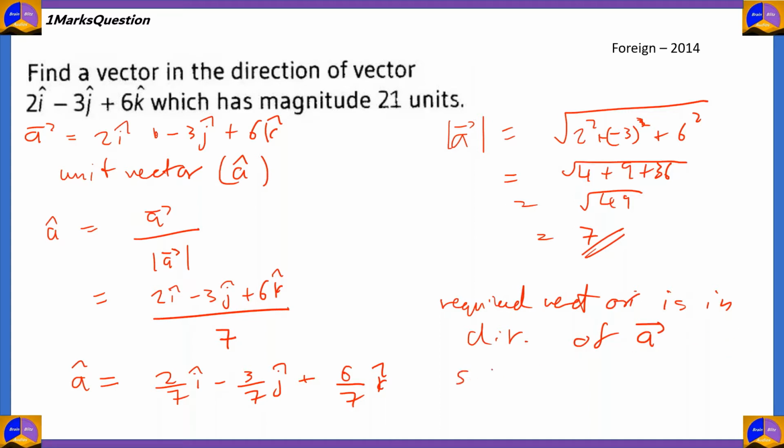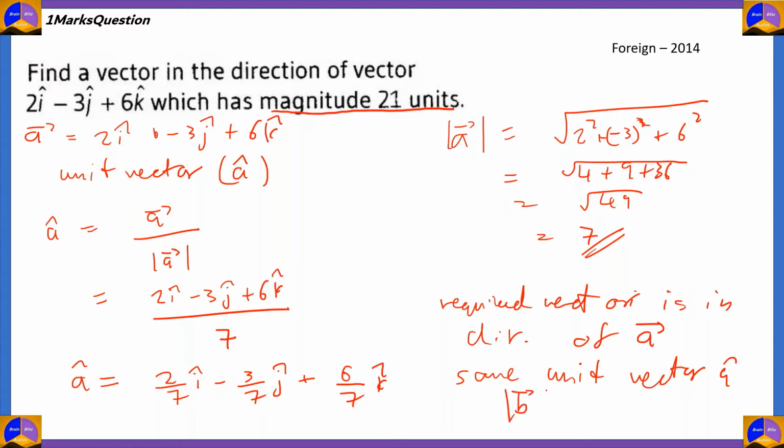We know that when a required vector is in the direction of another vector A, they have the same unit vector, which is A cap in this case. And we also know that the magnitude of the required vector is 21 units. So this is a given value.